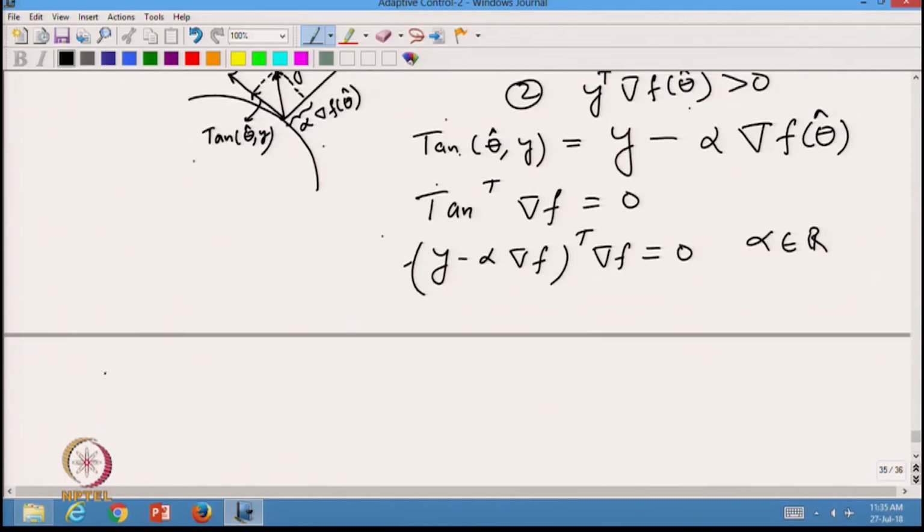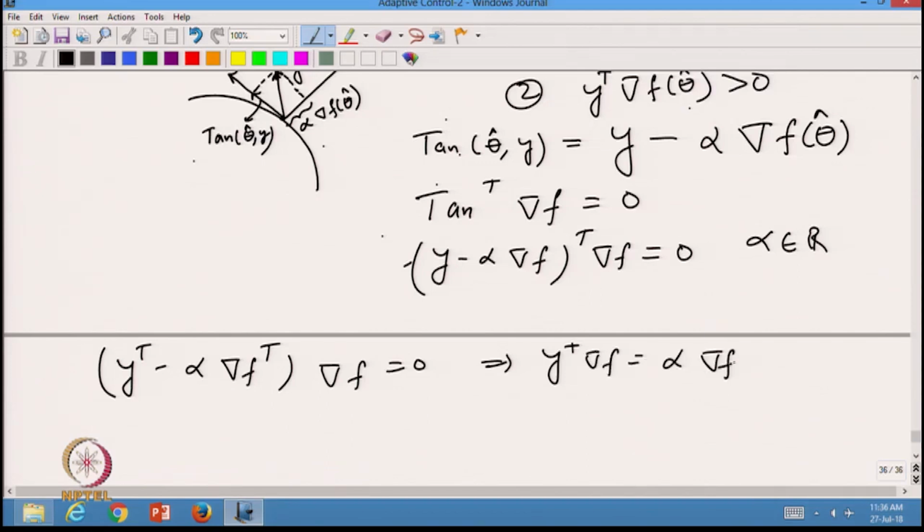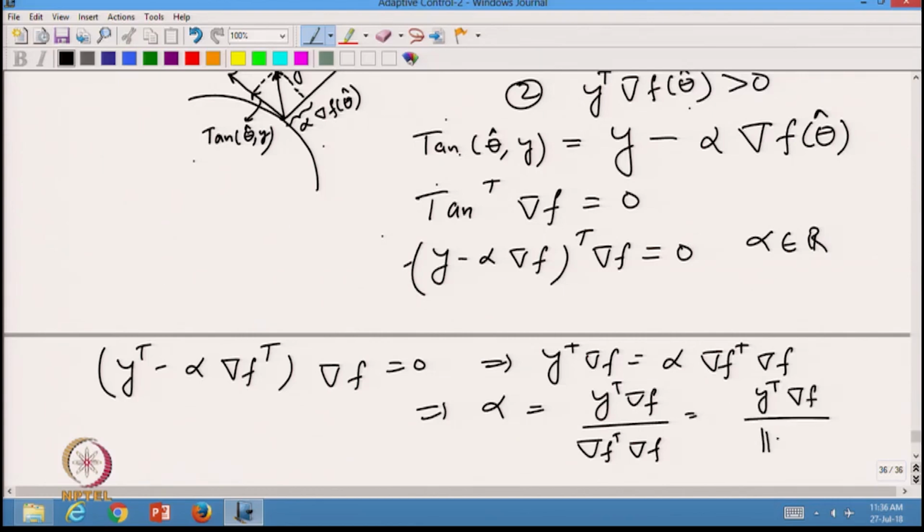So then what we get is (y transpose minus alpha del f transpose) del f equal to 0, which will give us y transpose del f is alpha del f transpose del f, which will give us alpha as y transpose del f over del f transpose del f, which is the same as y transpose del f over del f squared. Okay.